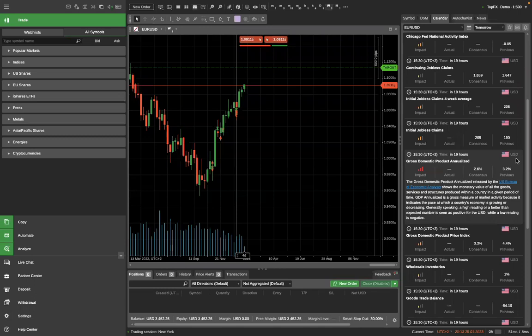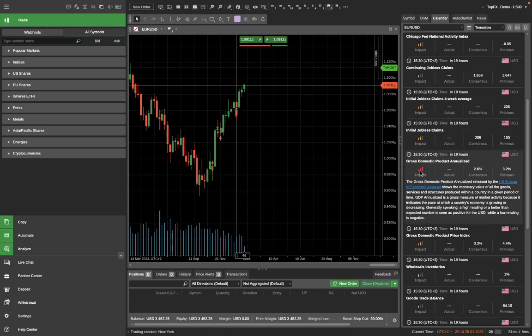It, of course, depends on what kind of market you are following. In our situation, we are following euro dollar, for example. So the gross domestic product will most likely affect the US dollar, right? Because it's data released directly from the US, and this is a very, very important event because it has a high impact on the financial markets.